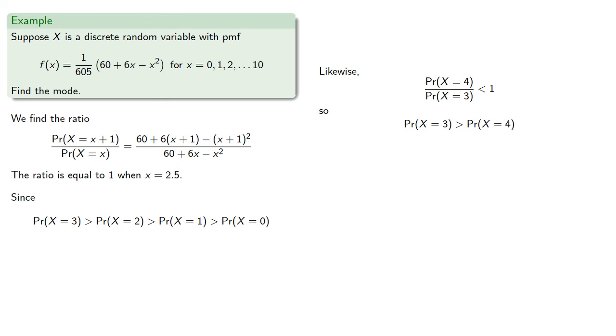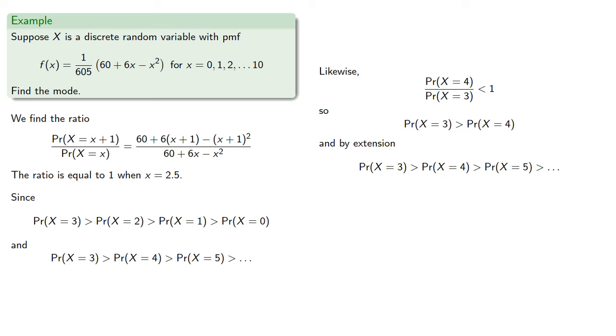And since all of our ratios after this point are also less than 1, we can extend it, and so the probability that x is 4 is greater than the probability x equals 5, and so on. Since the probability x equals 3 is greater than these probabilities and greater than the other probabilities, then the probability x equals 3 is the greatest probability, and the mode will be at x equals 3.